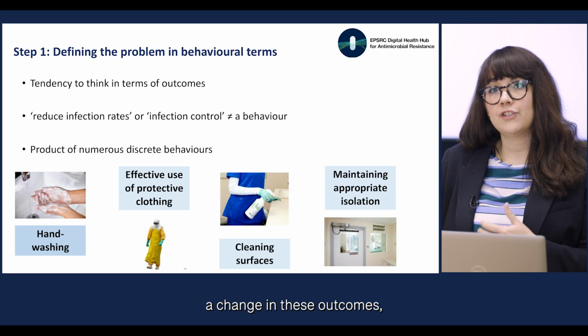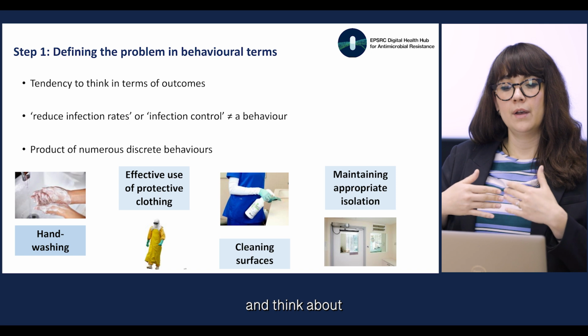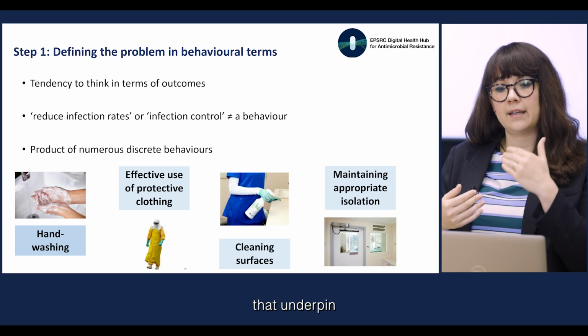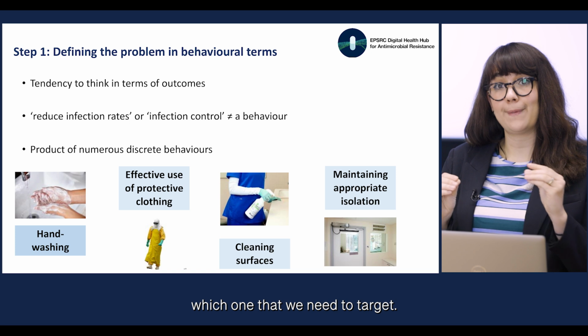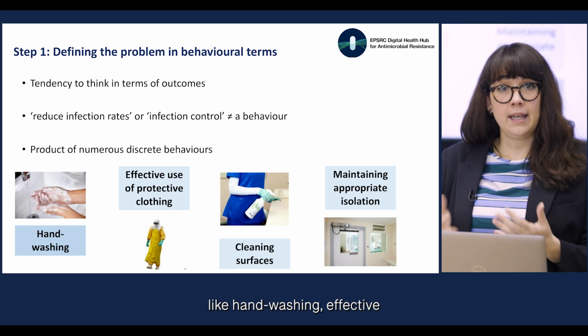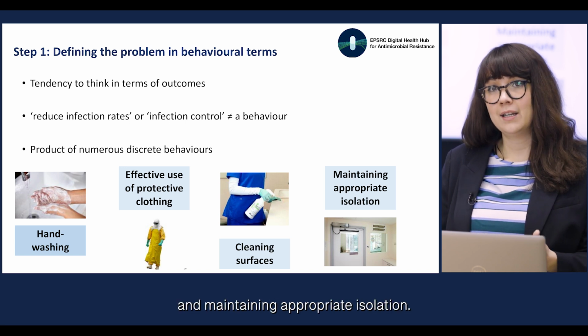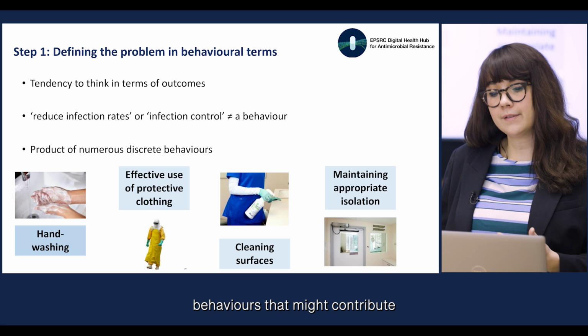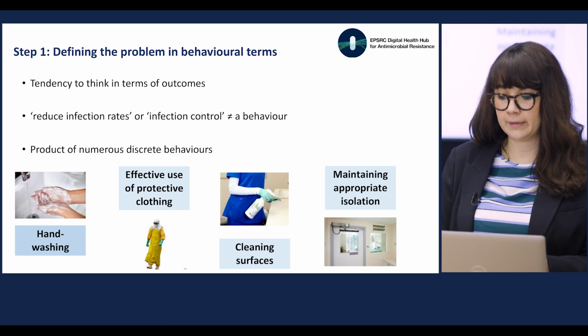So to bring about a change in these outcomes, we need to take a step backwards and think about what are the actors and actions that underpin and contribute to that outcome so that we can identify which one we need to target. So for instance, things like hand washing, effective use of protective clothing, cleaning surfaces, maintaining appropriate isolation. These are all distinct behaviors that might contribute to infection rates and infection control.